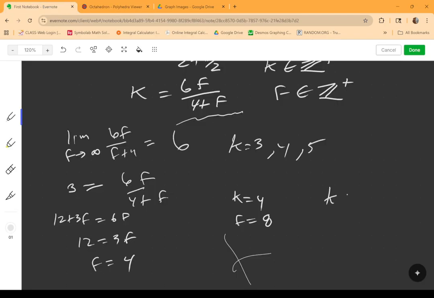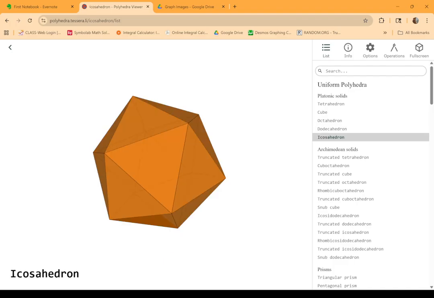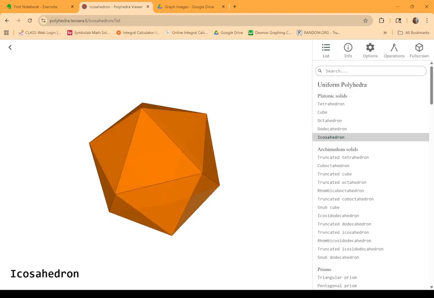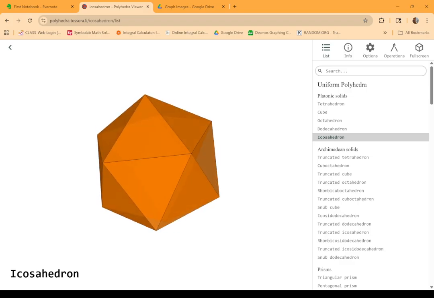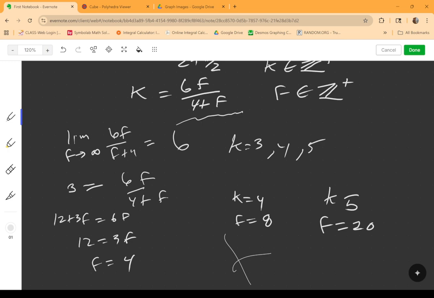And then when k is 5, solving that same equation, f is 20, and that gives me my icosahedron. 20 faces. So that's 3 out of the 5 of them that contain equilateral triangles, and we see the cube here.